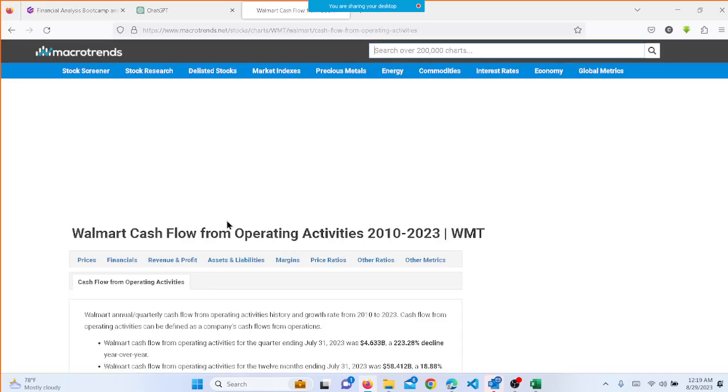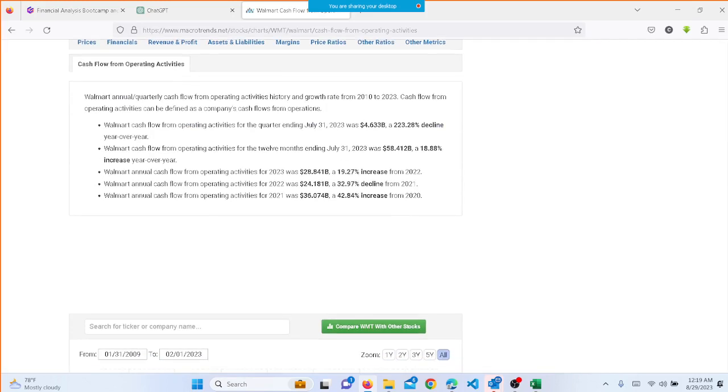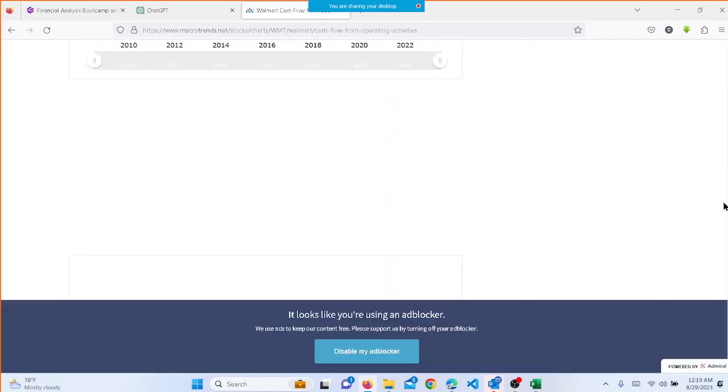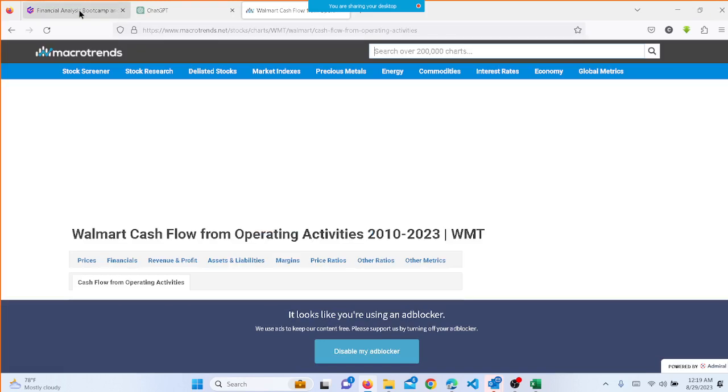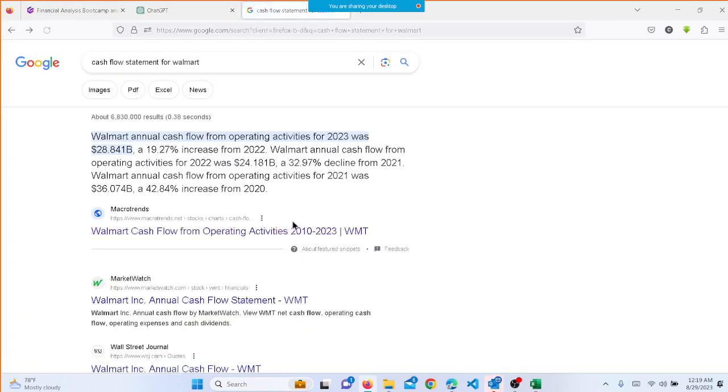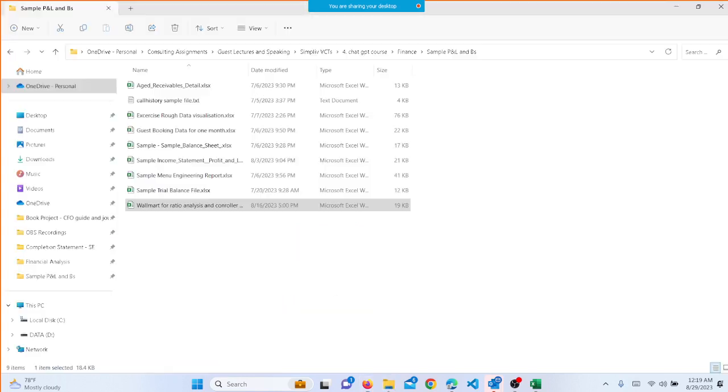The cash flow statements usually are a combination of a statement which gives the three different activities. List out the three activities. Never mind, I have the information.